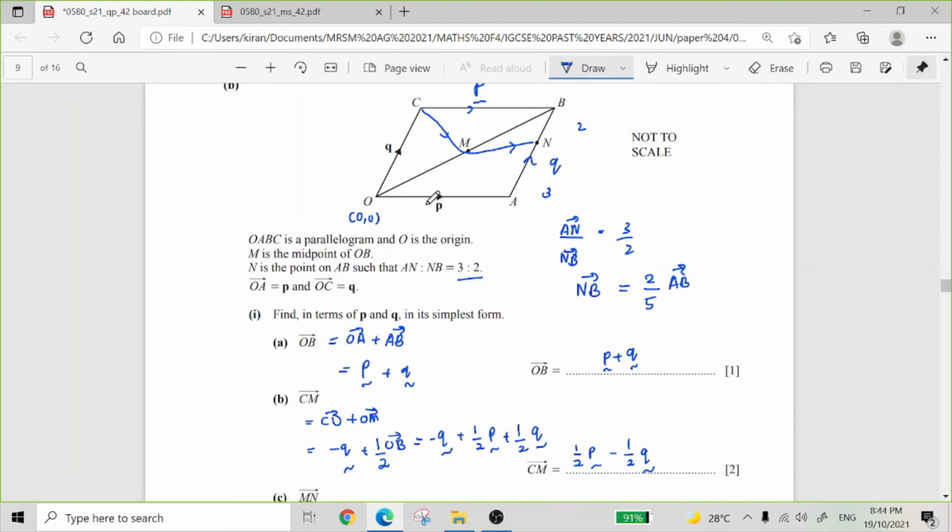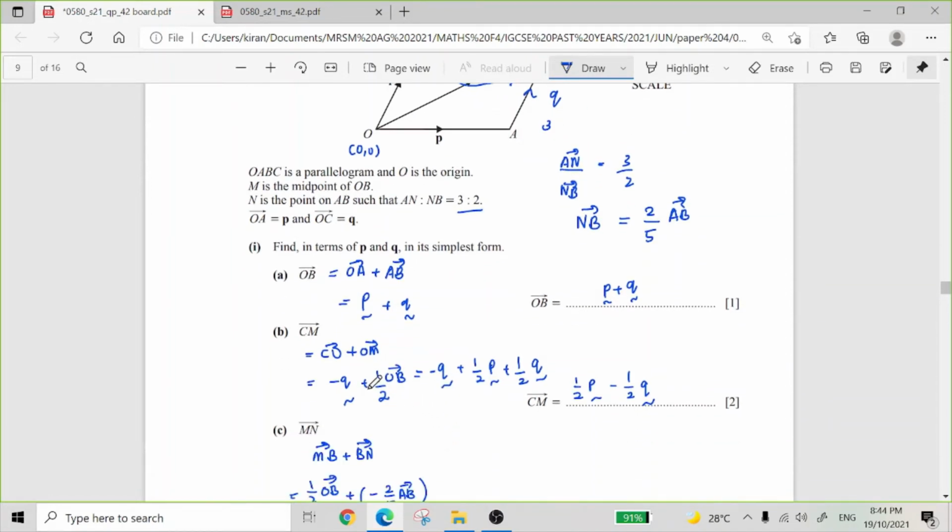We just substitute OB into this vector. So we have negative q plus 1/2 p plus 1/2 q. So the vector CM is 1/2 p minus 1/2 q.